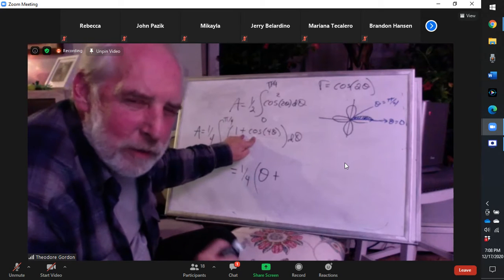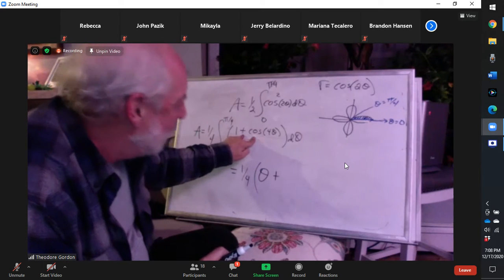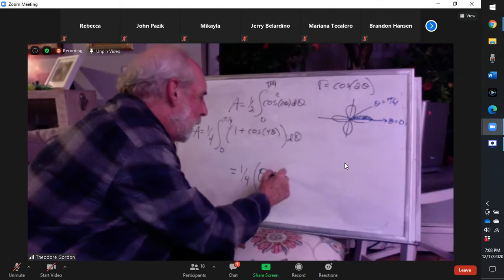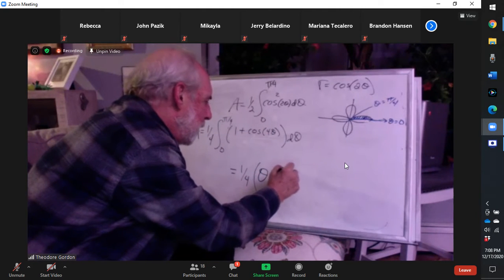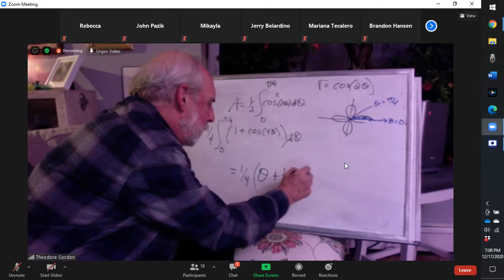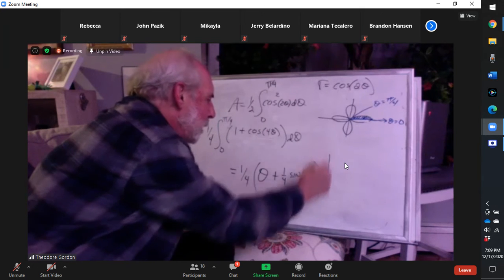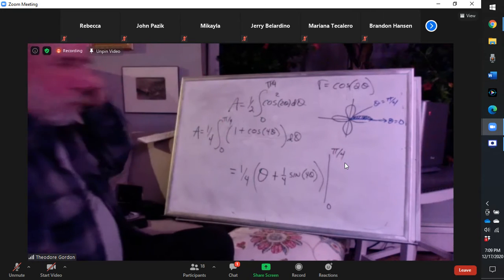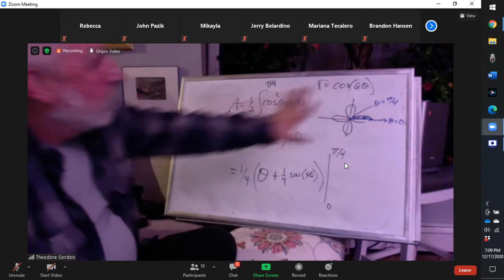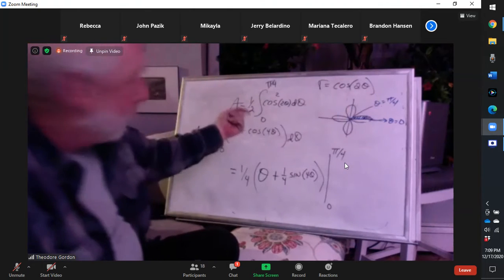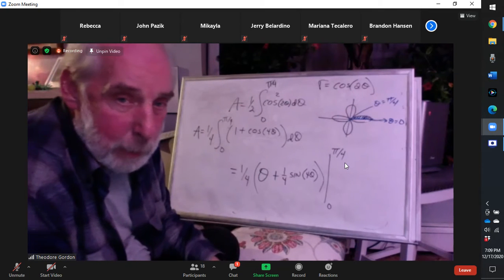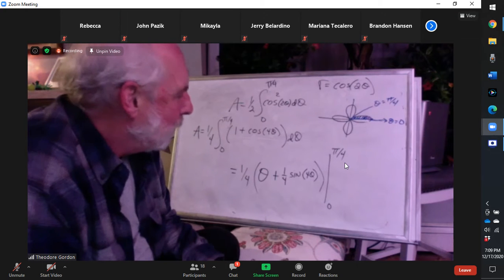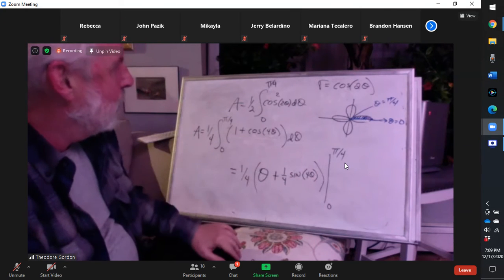That always causes a moment of pause, doesn't it? But we need a little tiny u substitution here. So we're going to get 1/4 the sine of 4 theta. And then we go from 0 to pi over 4. So forgetting this part for tonight, this is just a chapter 8 trig integral. And the last step is to plug numbers into here.